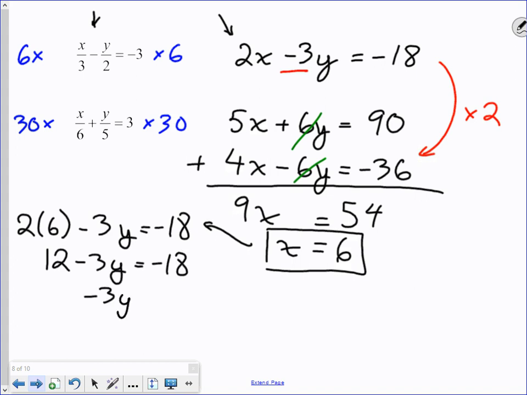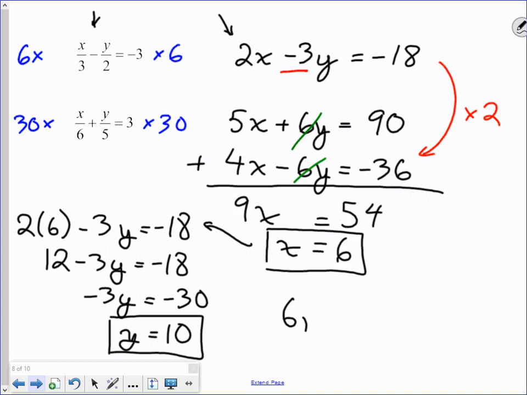Negative 3y equals, let's see, negative 18 minus 12 is going to be negative 30. And dividing both sides by negative 3, we get y equals 10. So there's our solution, x equals 6, y equals 10, or the point 6, 10.